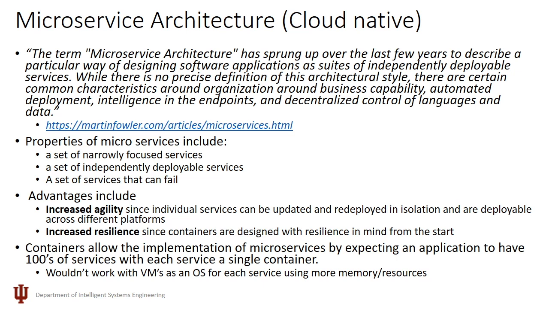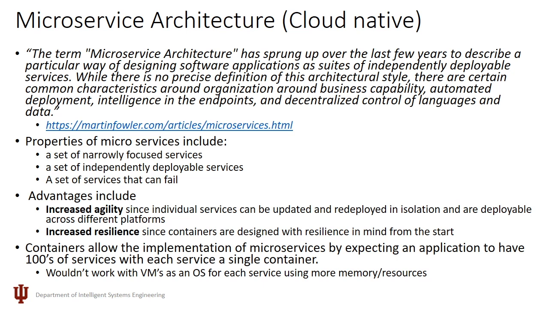Microservices introduce yet another concept on top of containers, where we are not just talking about the container itself, but we are running a service in the container that is still a smaller unit. While there is no precise definition of what this architectural style actually is, certain common characteristics are identifiable.